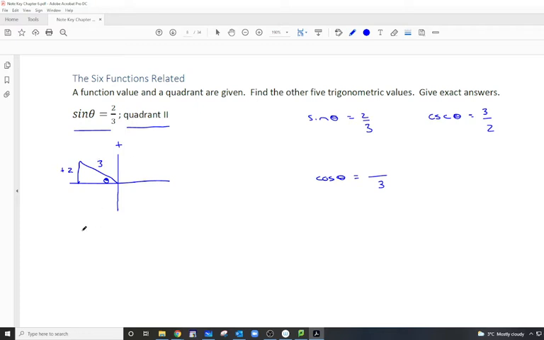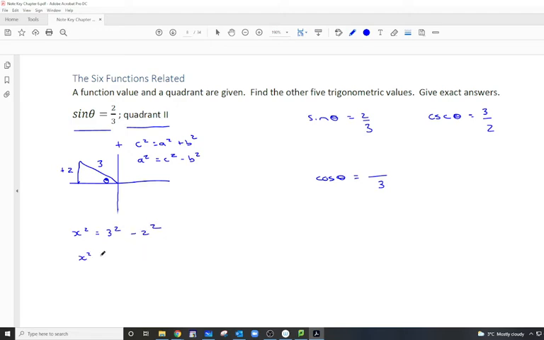Let's solve for x. So x squared equals, remember, c squared equals a squared plus b squared, right? The hypotenuse squared equals the sum of the other two sides squared. So if I want to solve for a side, you have to take the hypotenuse squared and subtract the other side. So to find x squared, I'm going to do 3 squared minus 2 squared.